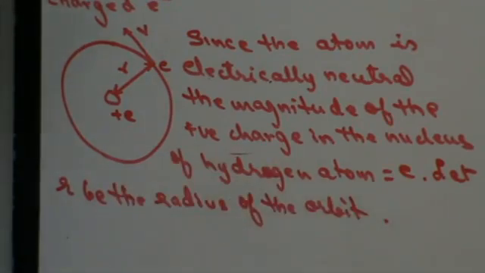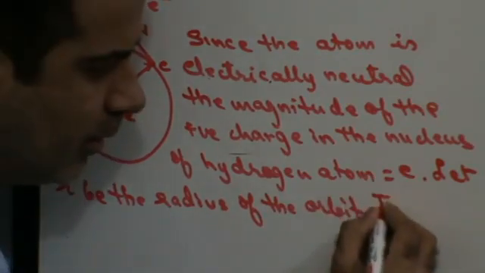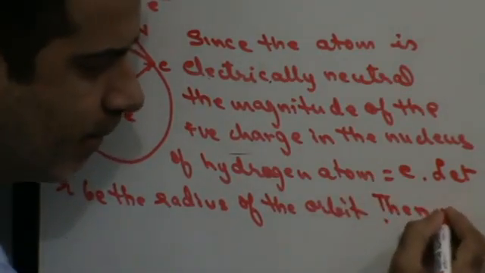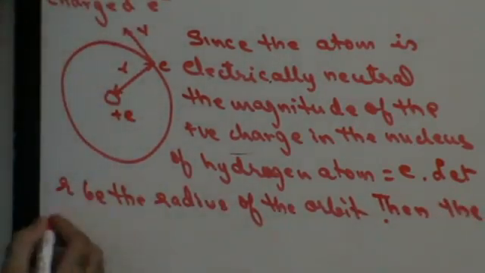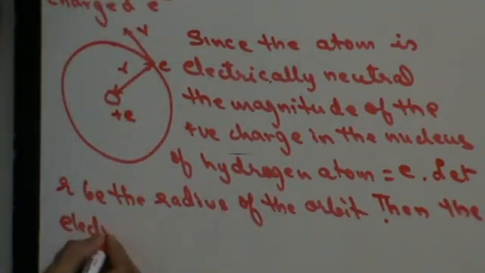If r is the radius of the orbit, then the electrostatic force of attraction between the positively charged nucleus and the negatively charged electron can be given by Coulomb's law.